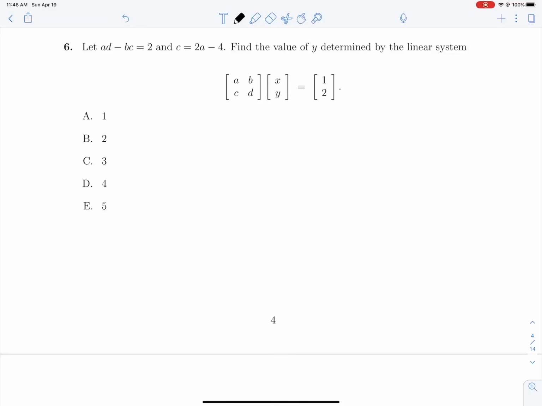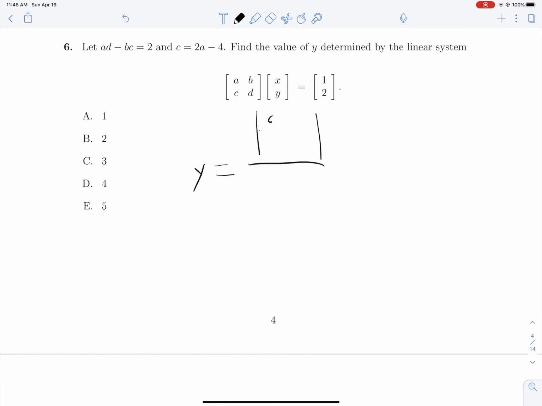Whenever we have a system like this, we can say that, for example, y is represented by this fraction. It is the determinant of this matrix if we replace the y column, which is this B, D here, with whatever x and y multiplied by that matrix are equal to.